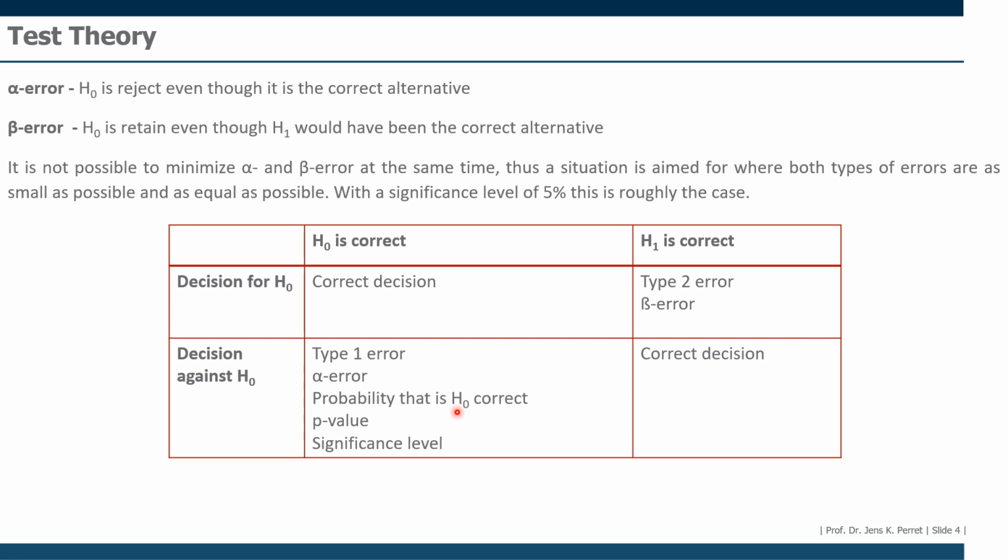And if you work with a statistics program, usually you do not find anything on alpha errors or on type 1 errors or whatever. You usually find something on p-values or significance levels. And that's exactly the same thing. So those different names and descriptions actually mean exactly the same value.